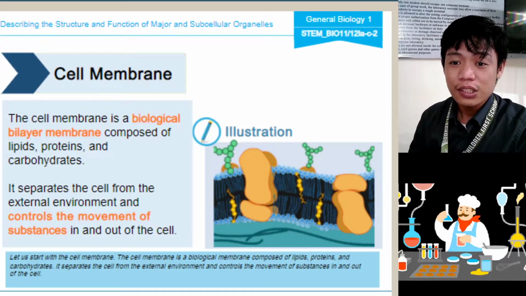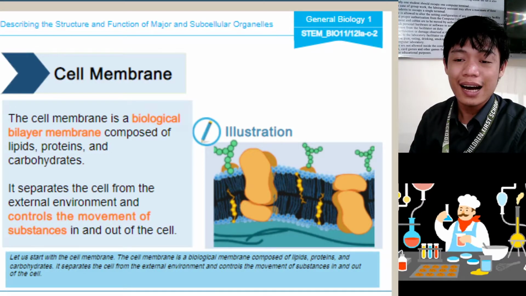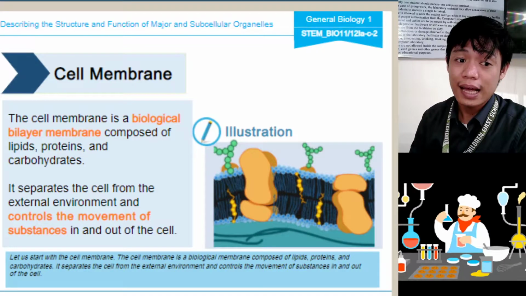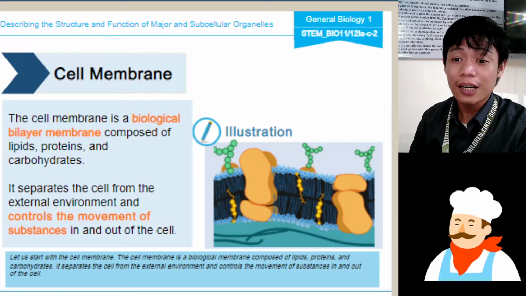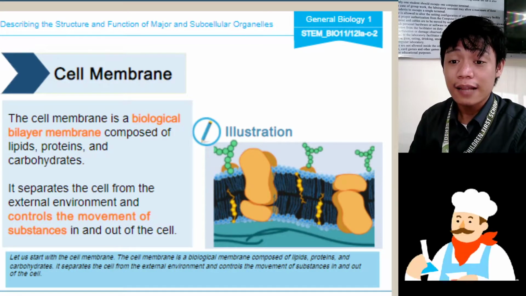So take note, class, that you can easily analyze what a cell membrane is. Let's imagine that lipids, proteins, and carbohydrates are the military at that border.